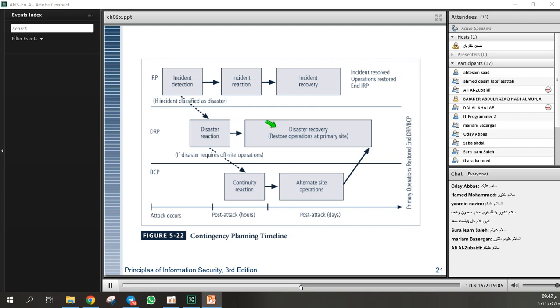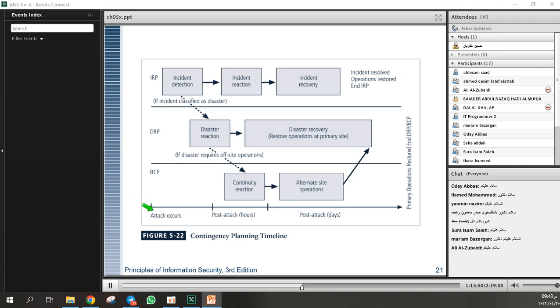I need a disaster recovery plan. And BCP starts after the DRP. The disaster happened, and I'm doing something to recover from it.